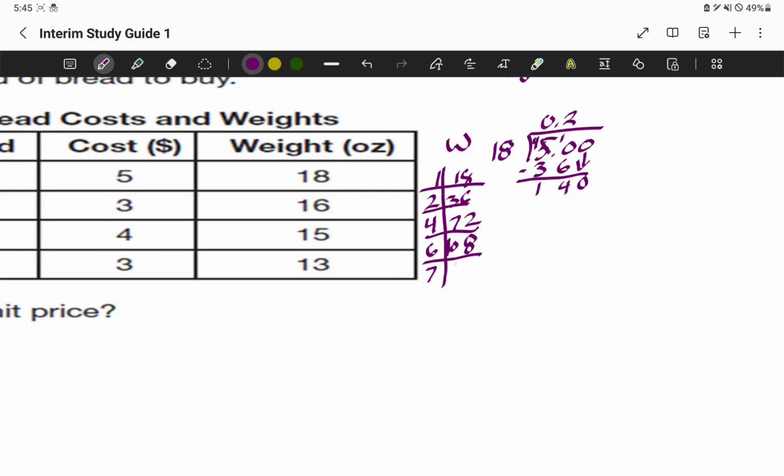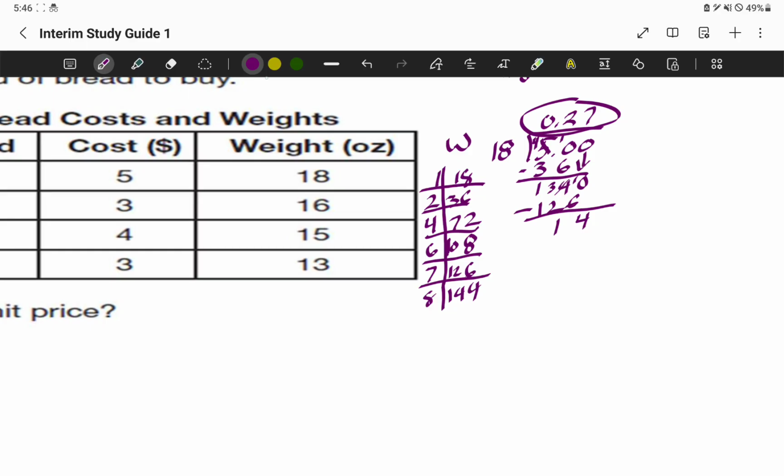And that's a 108. 7 is 16. Carry 1. So 126. Okay, and so 27. And so because it's money, 27 cents.